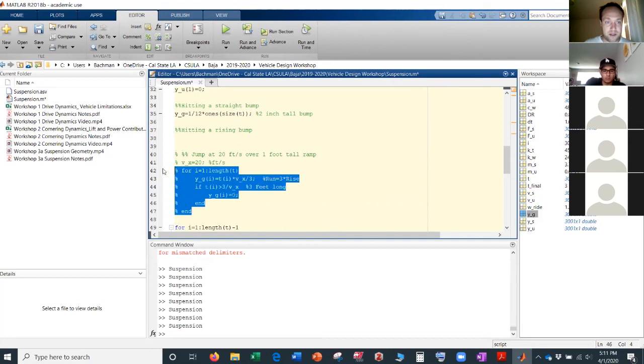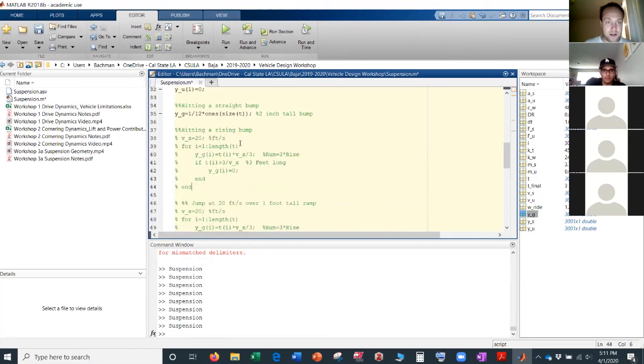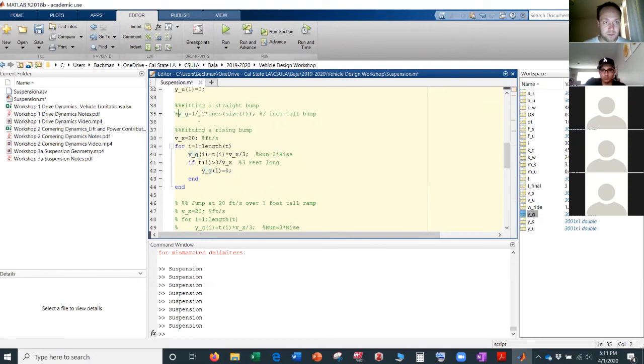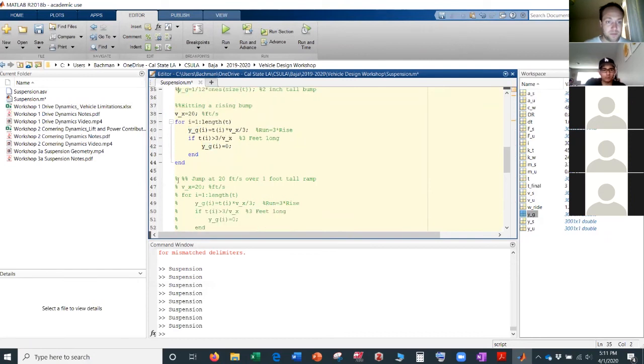It's going to be similar to this, right? But let's have it rise a little faster. So the run equals the rise basically.